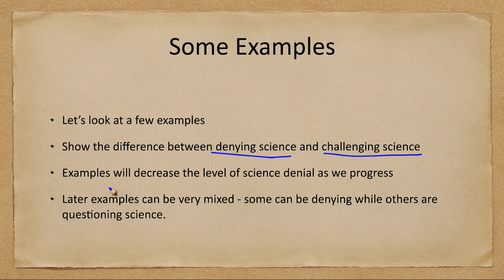The first example is pretty much denying science. In the later examples, there could be more of a mix of the two, with some good reasons to challenge things as well. So it's not always cut and dry that this person is challenging versus denying. Let's take a look at a couple of examples and see what we can find.